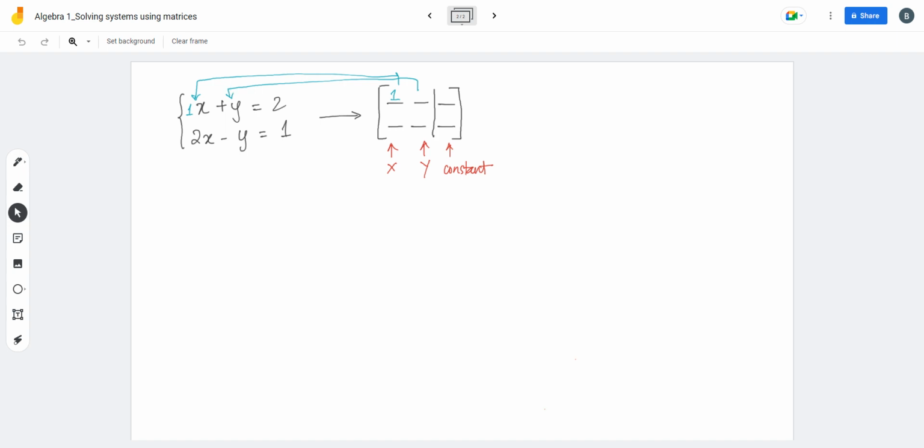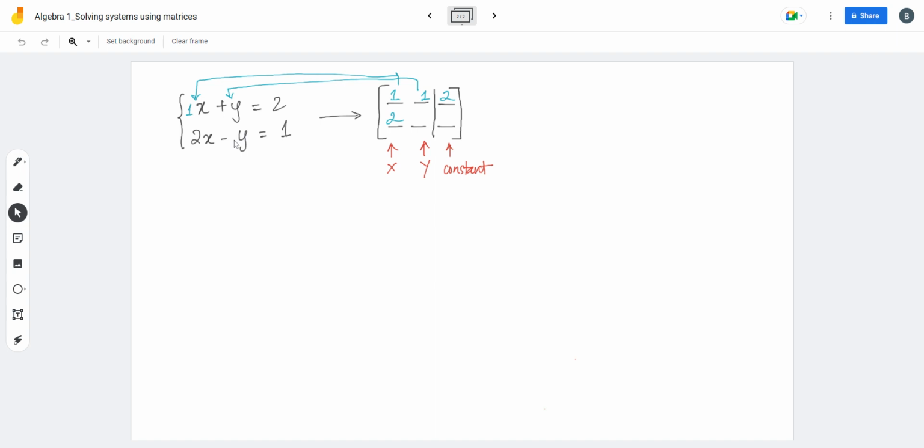The number in front of y is 1, so I'm going to write 1 here. And this corresponds to the constant, so that would be 2. The same thing here, I'm just going to write quickly: you have 2, and then remember that in this position you have to carry the sign of the coefficient. So what's the number in front of y here? You see the minus, right?